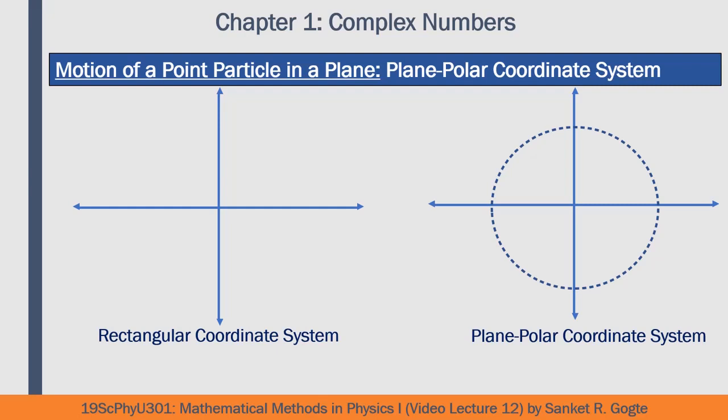In previous slides we have seen how we can write the motion of a particle in a plane in the rectangular coordinate system. It is simple. The position vector of the particle is simply a complex number written as a function of time. Then its velocity is given by differentiation of r with respect to t once, which is x dot of t plus i into y dot as a function of time.